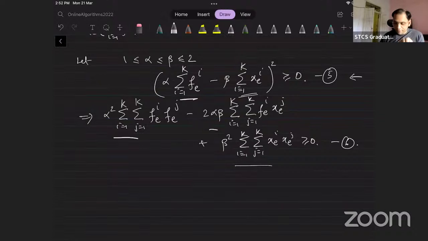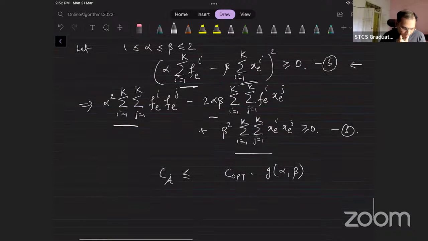So what do we want eventually? We want to say something like C of the algorithm is at most C_OPT times some function G of alpha and beta. That's what eventually we will get. And then by choosing alpha and beta, we'll get the smallest such competitive ratio.